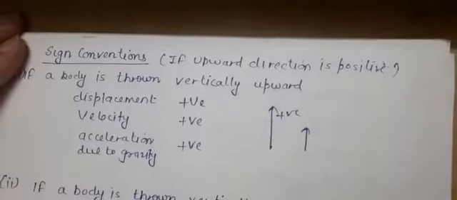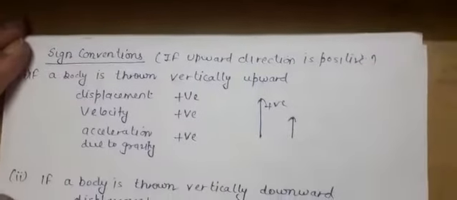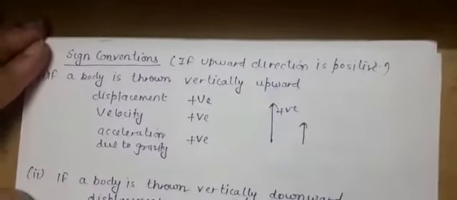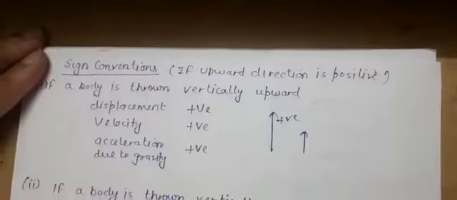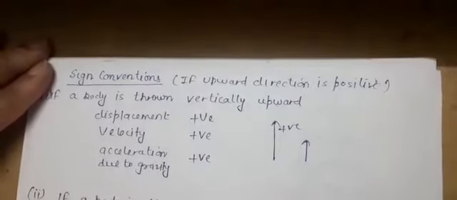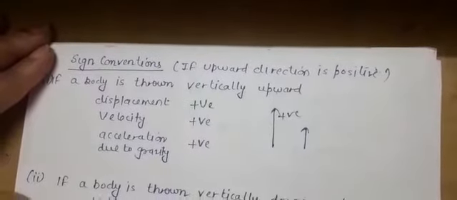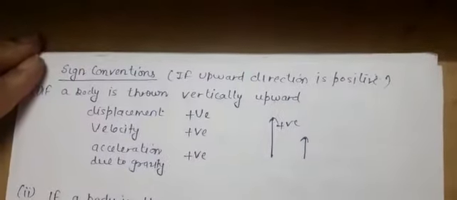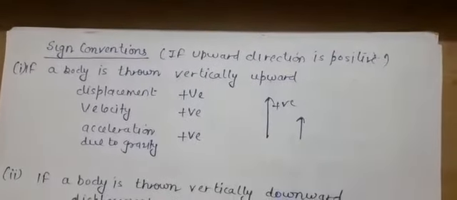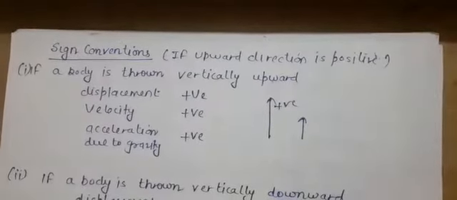Sign conventions, as the term indicates, means positive or negative sign, for velocity, for acceleration, for displacement. We cannot say it for speed or distance because these are scalar. For speed and distance, it is always taken to be positive.